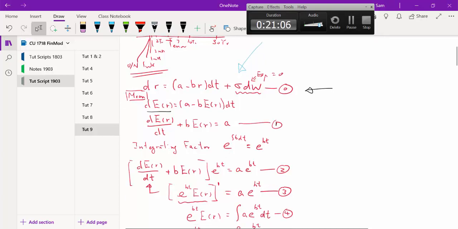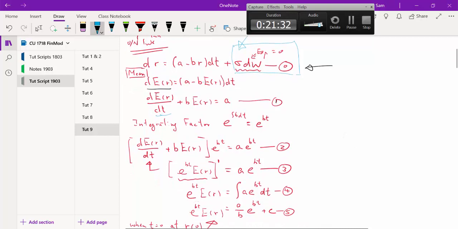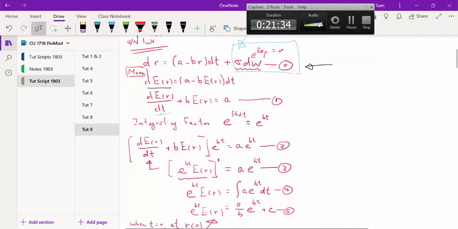Then d of E[r] is equal to (a minus b times E[r]) dt, because the expectation of the second term should be 0. The expectation of the sigma term is 0. Then you take the dt to the other side. I'm just rearranging it. And now the integrating factor that you use actually is this one.